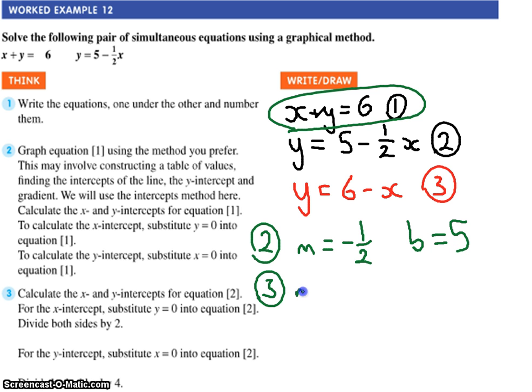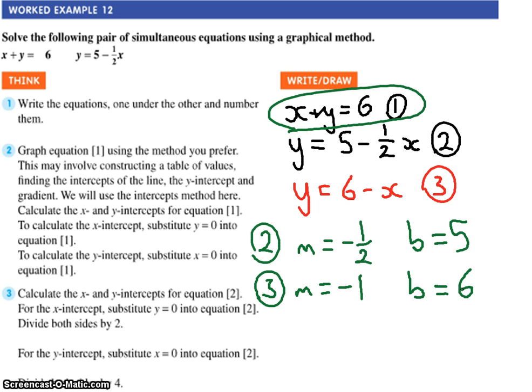Equation 3, what's the gradient? Minus 1. Because you don't forget that we just don't write the 1 because we're lazy in the coefficient. And what's the y-intercept? 6. Awesome. So you've now got 2 lines. You have their y-intercept. You have their gradient. You can now graph them.